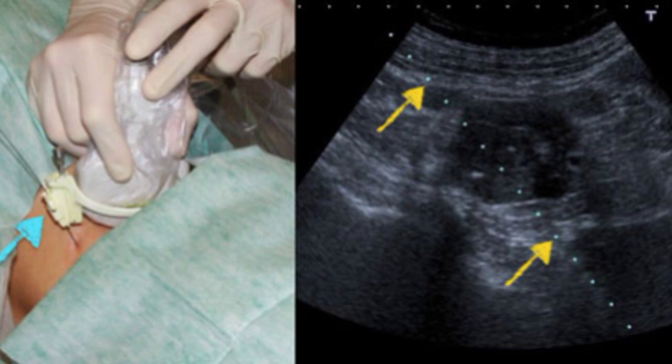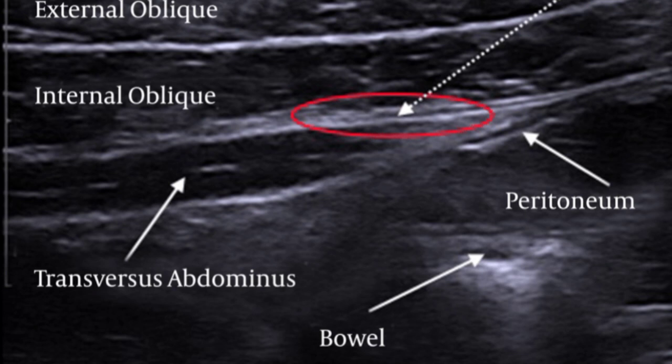The dotted lines indicated by the yellow arrows are the track which the needle will follow to the target tissue or fluid. This also shows you the needle track into the body across the several layers of the anterior abdominal wall. So I want to thank you for this lecture, for joining us.